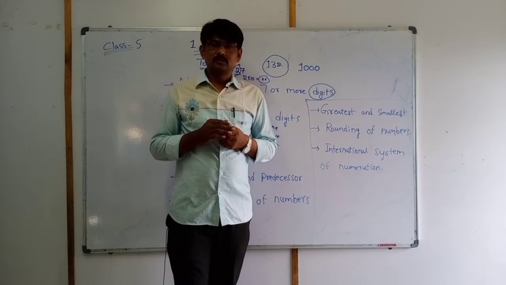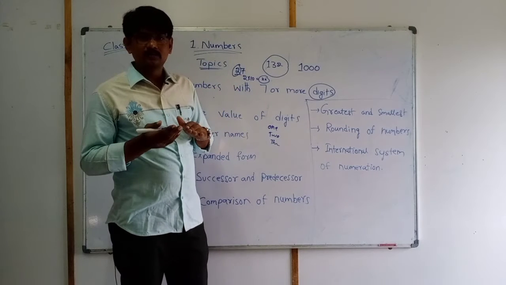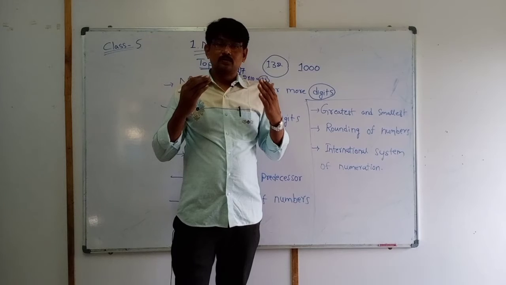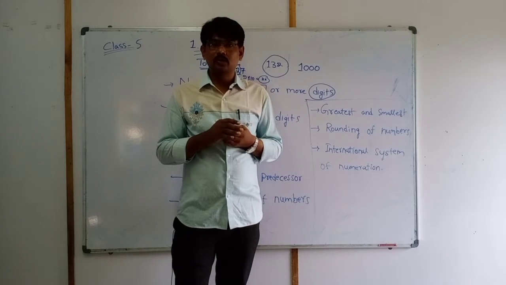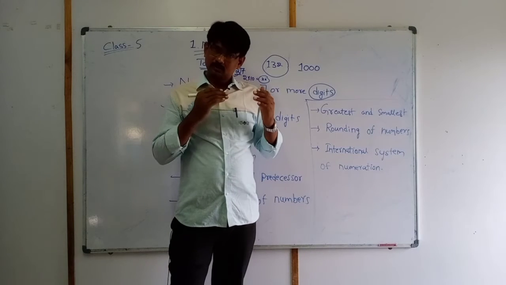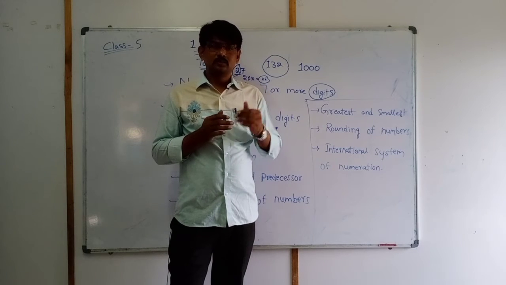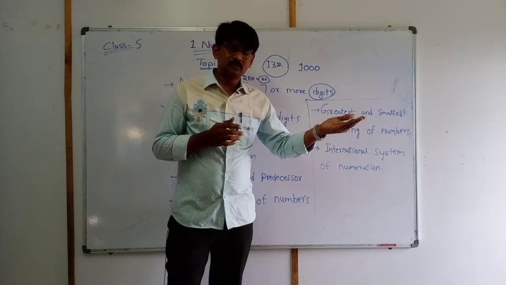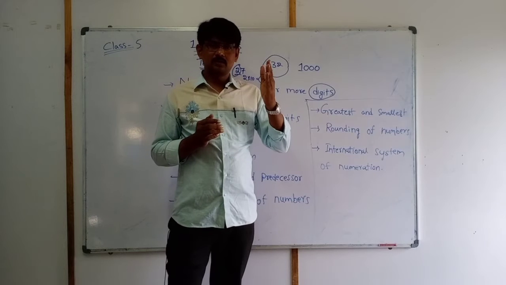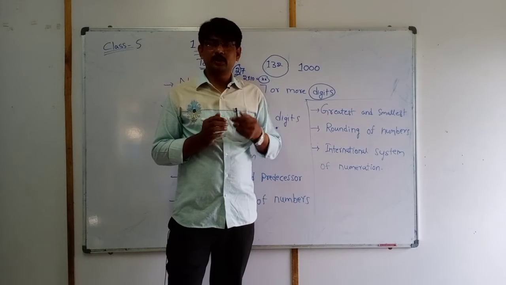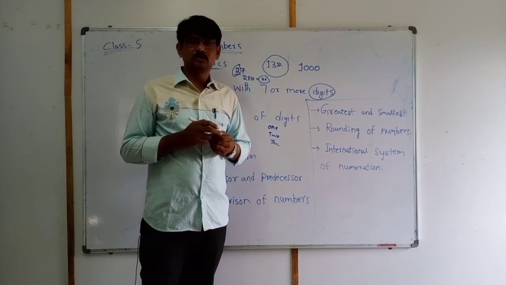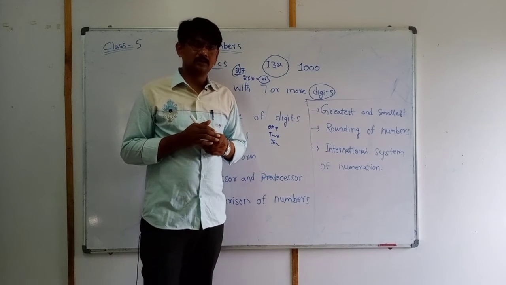After that 1 lakh, 10 lakhs, 1 crore, all these number names you will learn in this chapter. Maybe you learned 5 and 6 digit numbers in previous class, lakh, 10 lakh. In this lesson more number names we are going to learn.